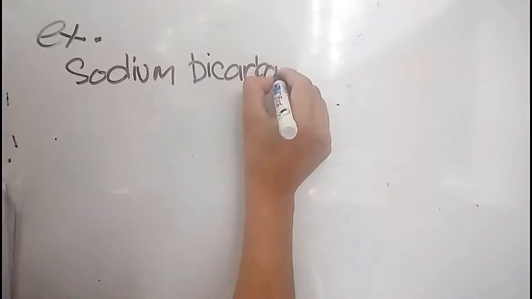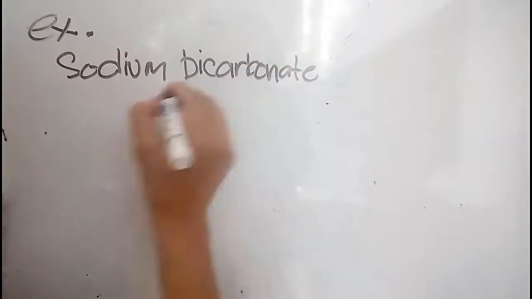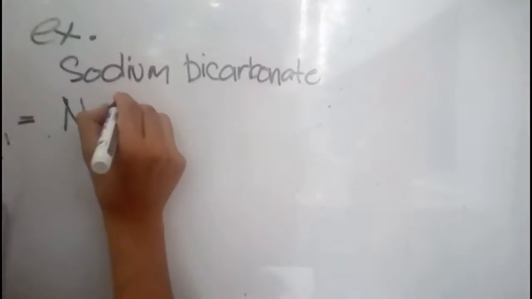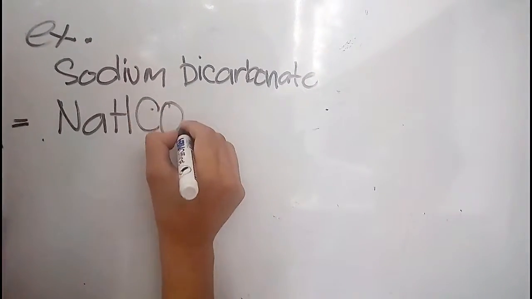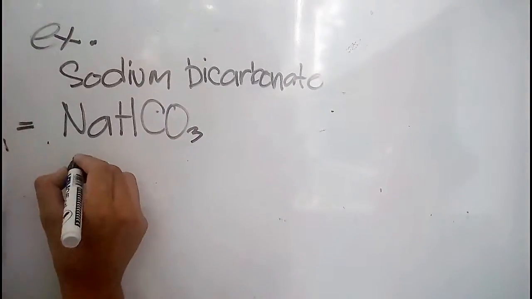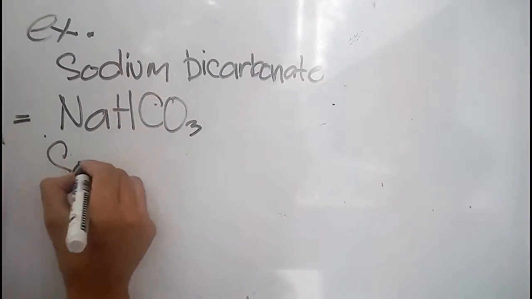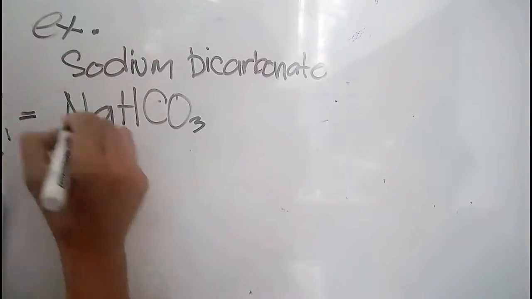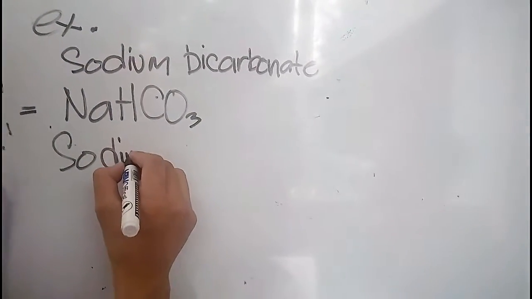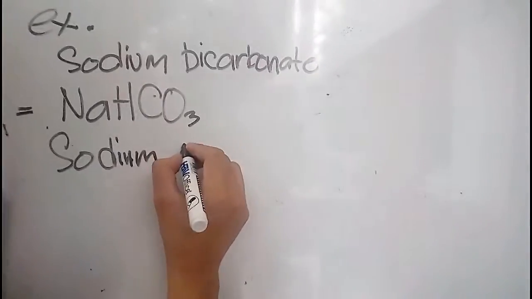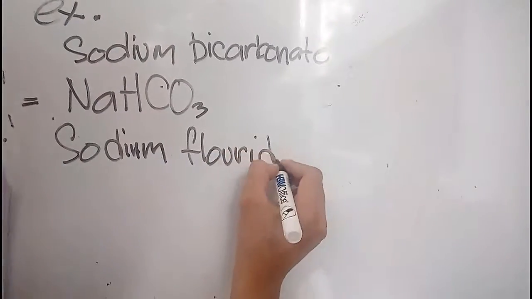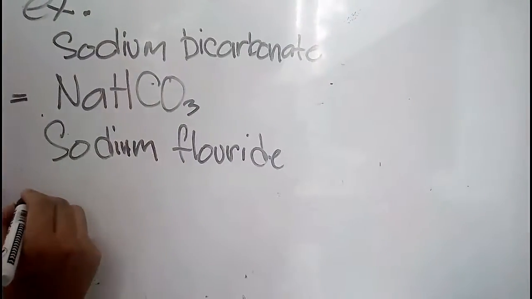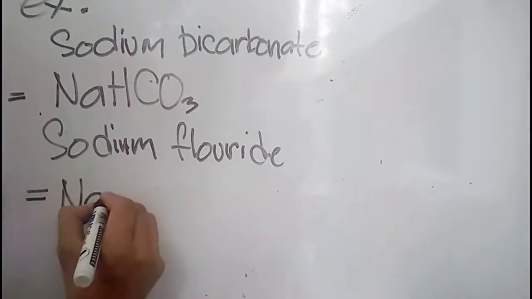The given example is sodium bicarbonate. Again, sodium bicarbonate. Now first you write the symbol of sodium. And then you write the symbol of the ion bicarbonate. Now, for the ion bicarbonate, you can only find its symbol by checking the periodic table.